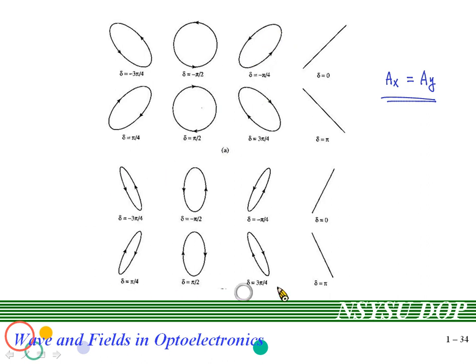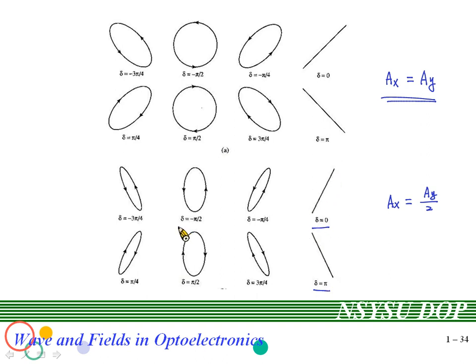For the polarization below, this is an example for A sub x equal to half of A sub y. Again, for such phase differences, you will still have linear polarization.